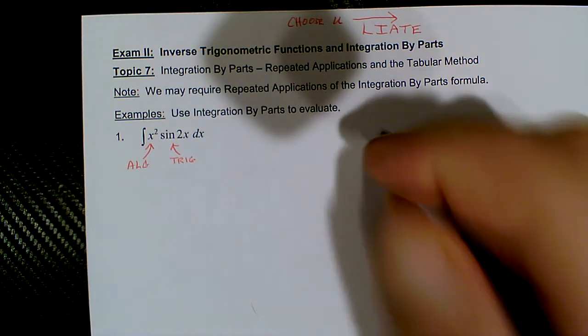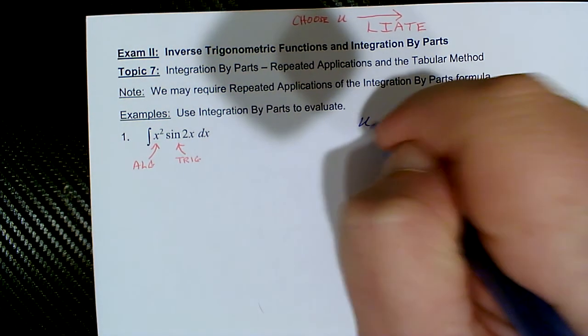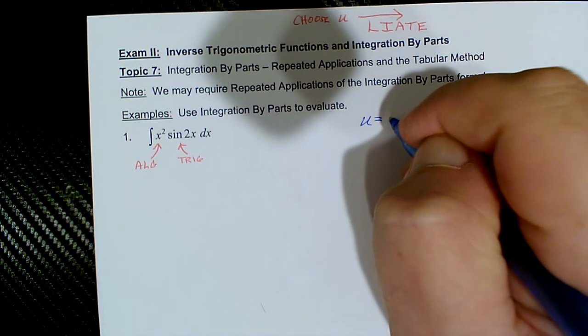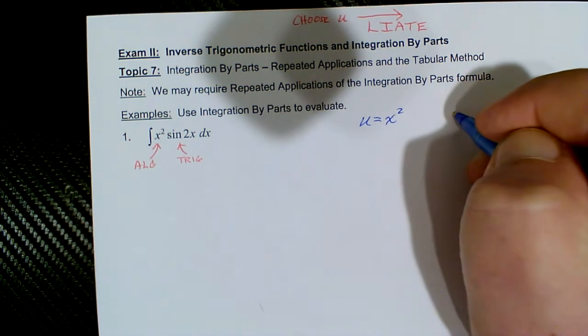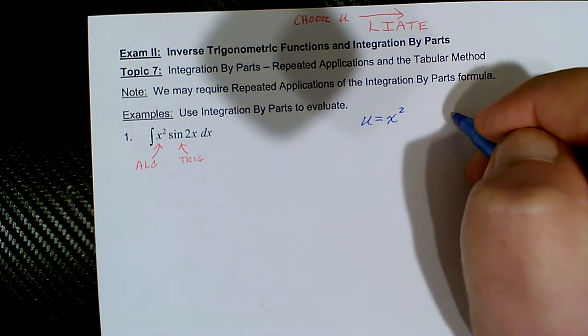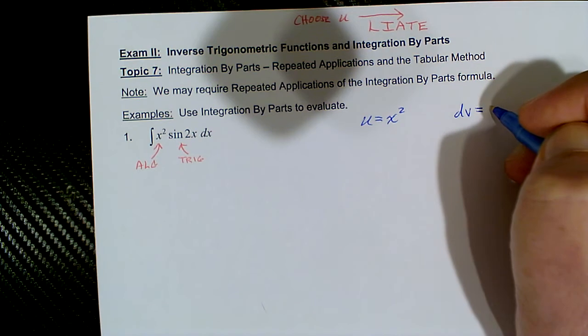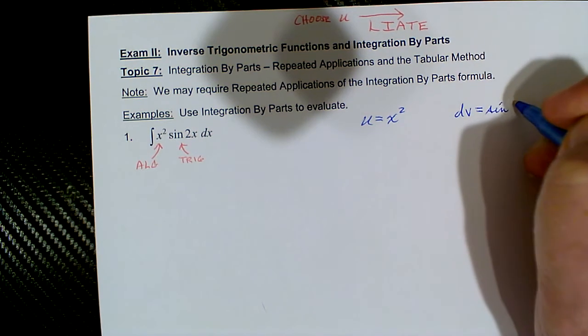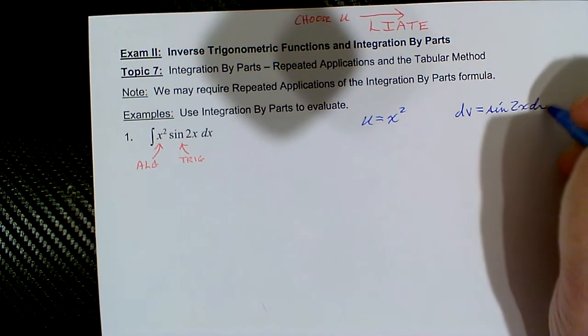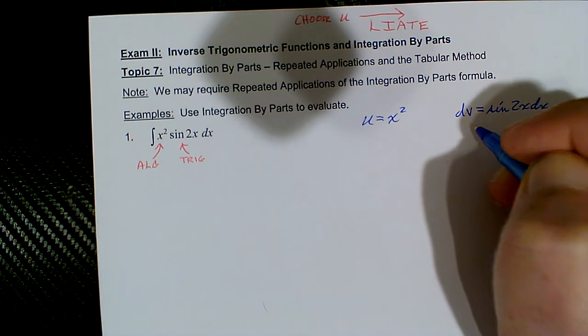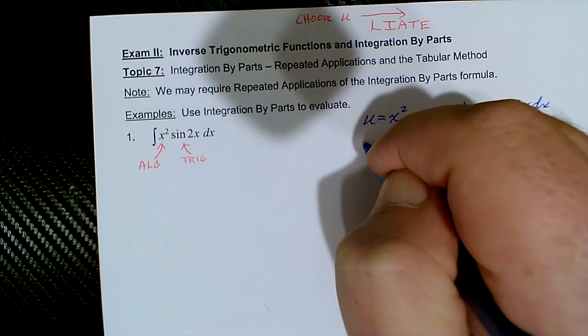So off to the side, our structure of the solution, pick our u, that's going to be x squared. In the du directly underneath, in another column a little bit off to the right, dv, which is the leftovers, sine of 2x dx, and then v is going to be directly underneath.